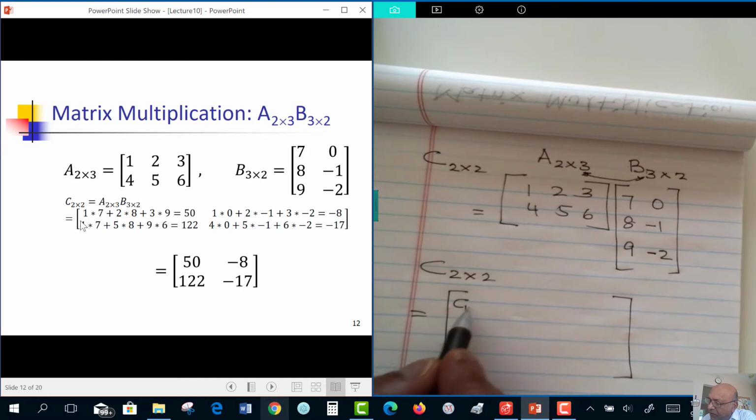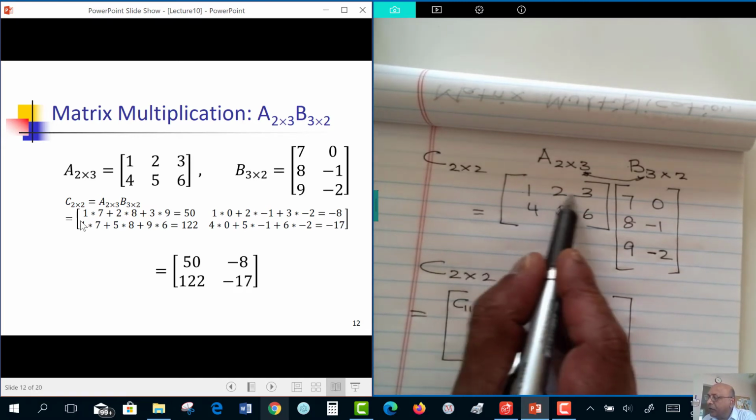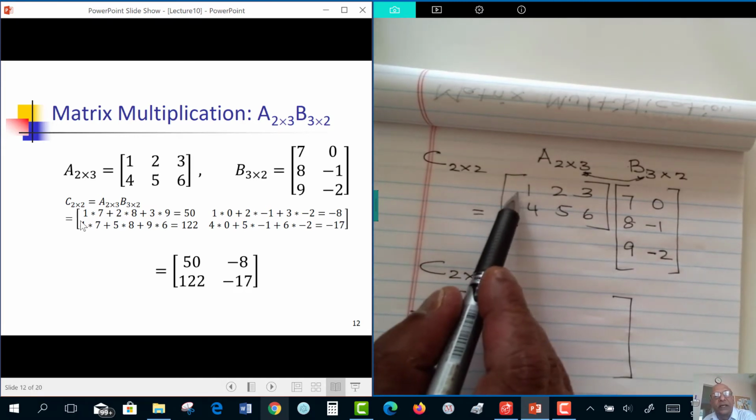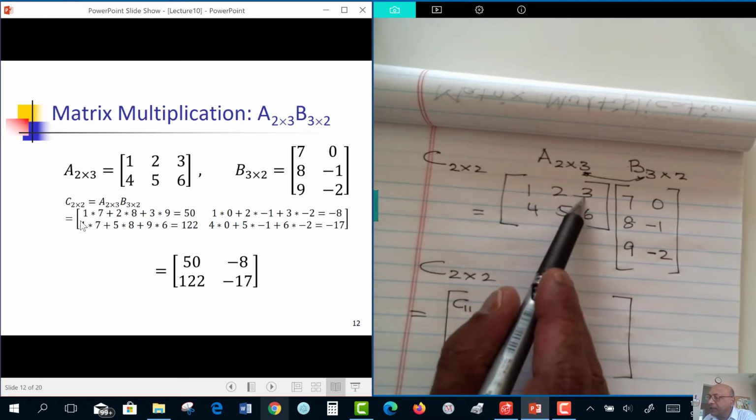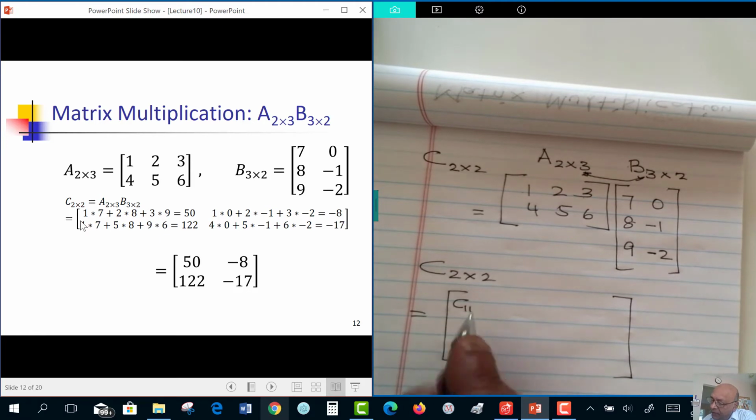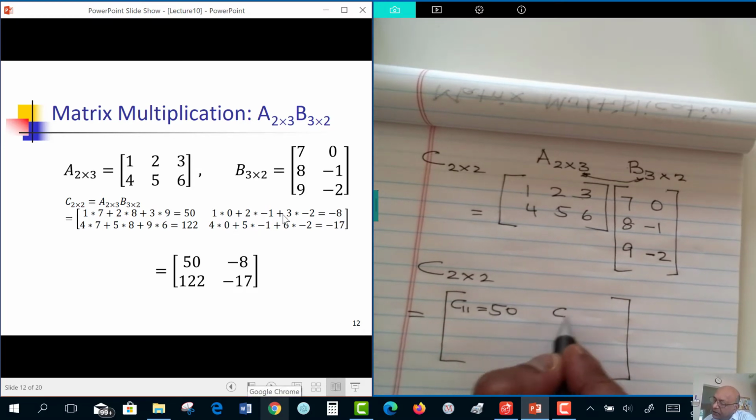So this C11 will pair up 1, 2, 3 with 7, 8, 9. So we'll say 1 times 7 plus 2 times 8 plus 3 times 9 will give us 50. So you can see I've given the details here. So we are interested in C12.